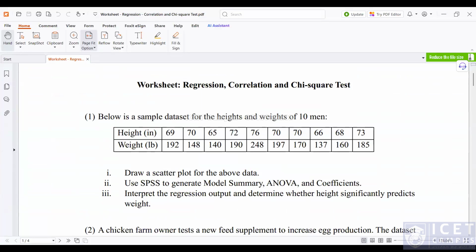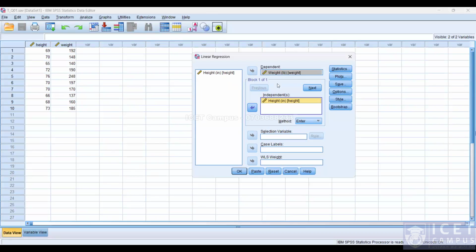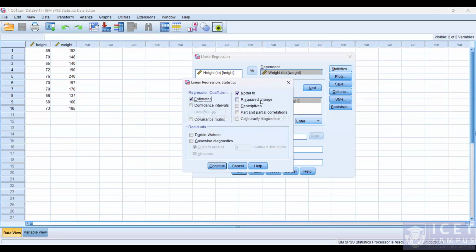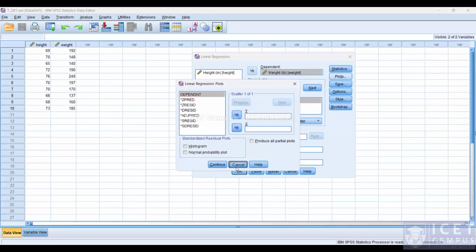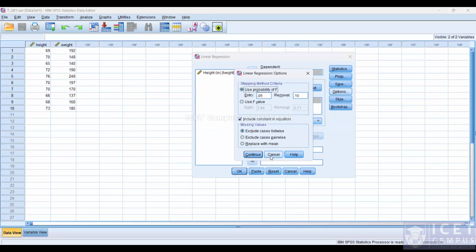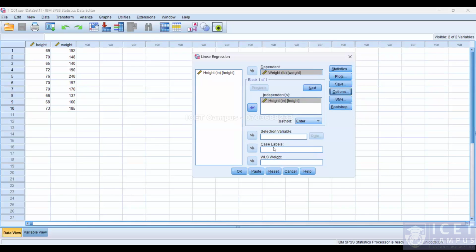Height significantly predicts the weight, that is the question. So therefore, dependent is weight. Okay, Statistics, model fit, R square, descriptives we can take, right? Then it asks about the plots. So if you like, a normal probability plot we can draw, and options are given here. Then we can go, okay.